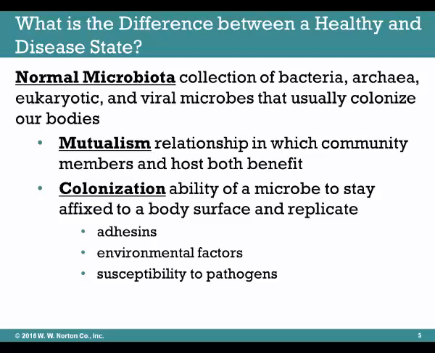So colonization is this description of microbes and their growth in our body. And microorganisms need to be attached to a body surface before they can colonize or replicate and reproduce. Viruses have to get into our cells before they can replicate.